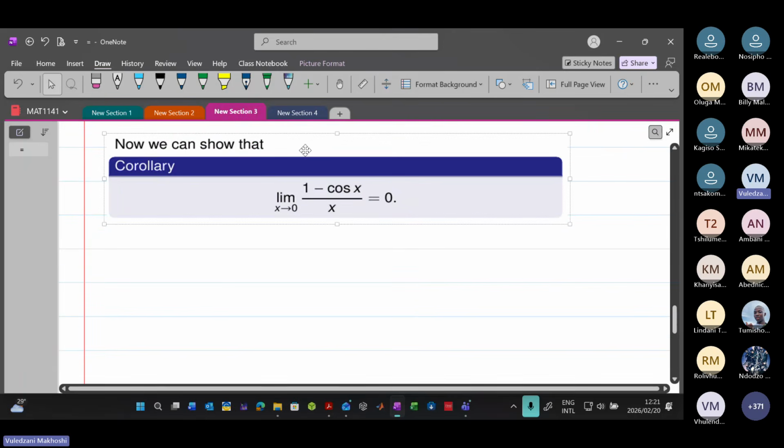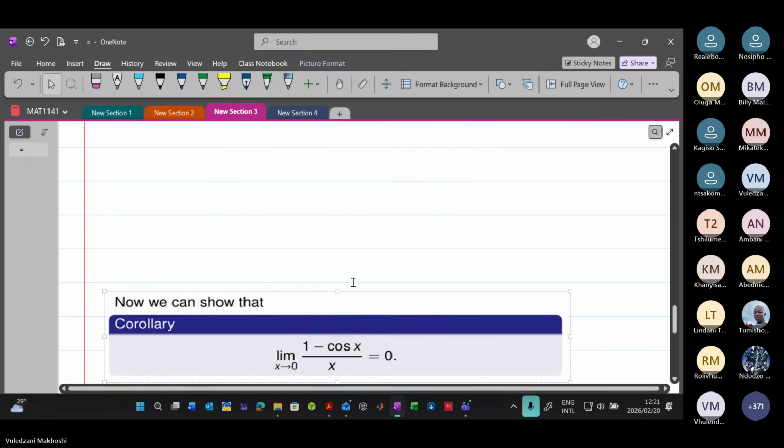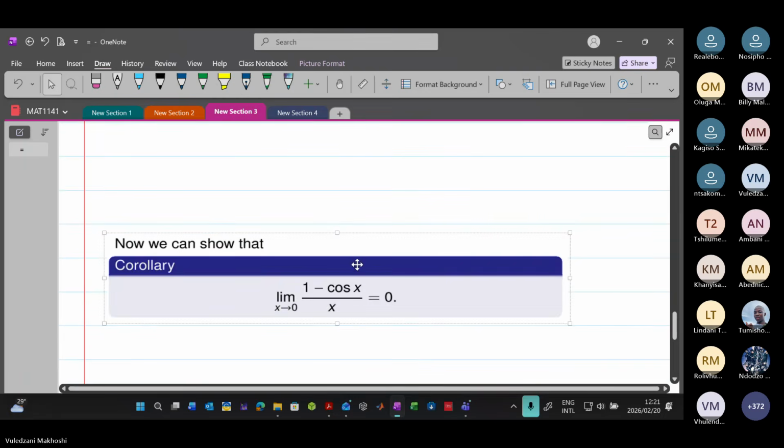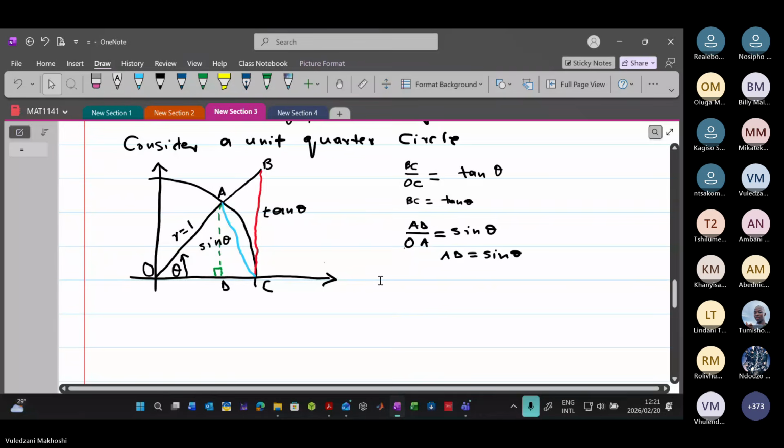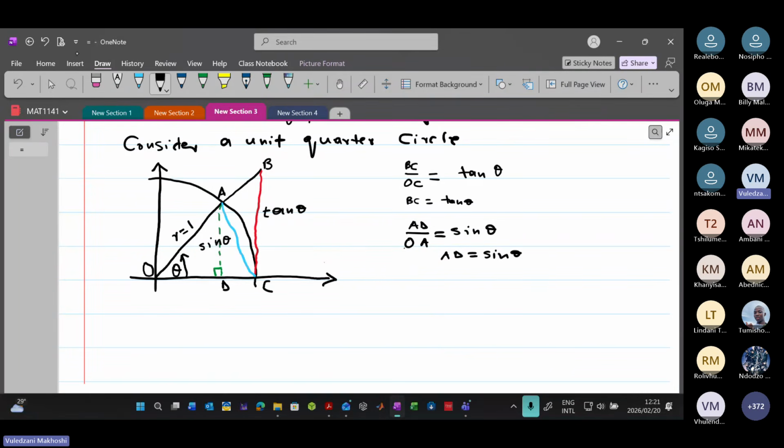Now, with this information, let us look at these triangles.